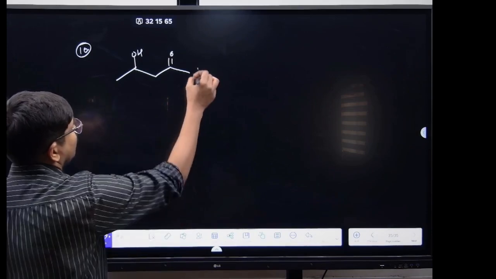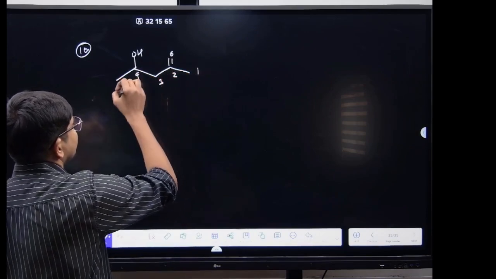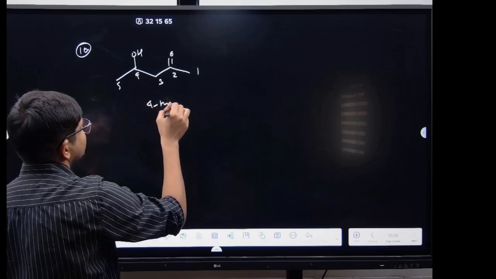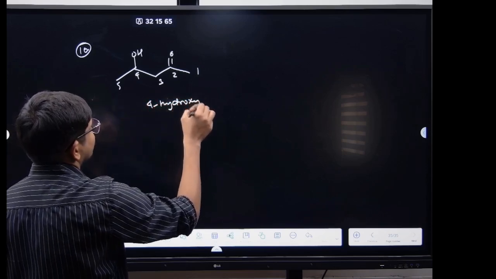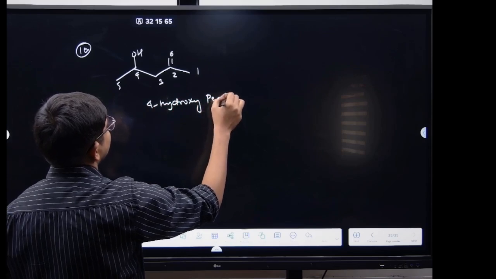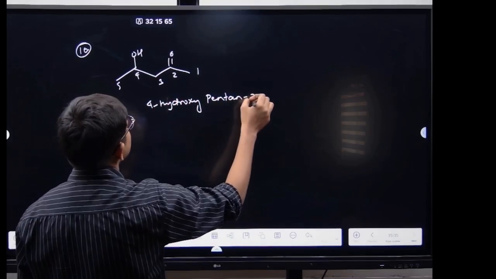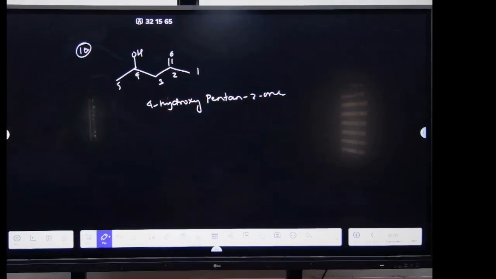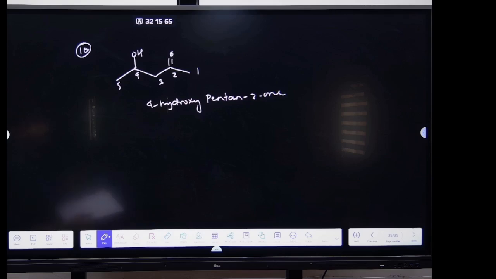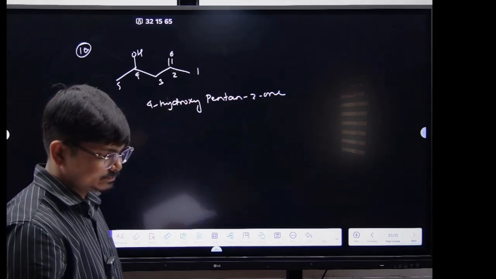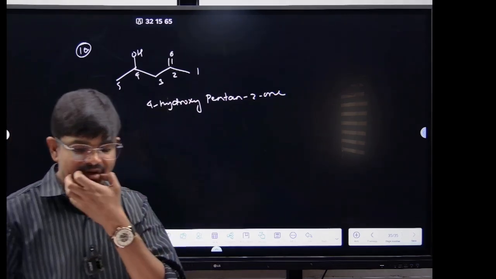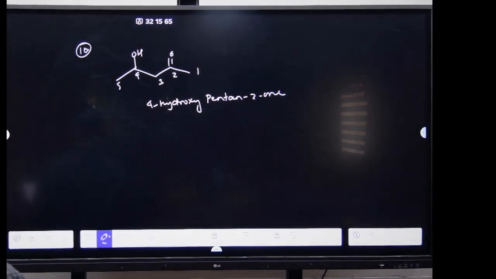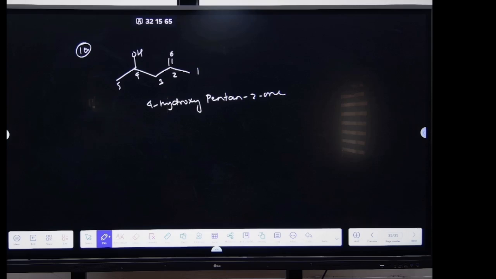So it will be 1, 2, 3, 4 and 5. So it will be 4-hydroxy pentane-2-one, right? Got it? Which option? First one, 2-pentanone or pentan-2-one. Acetone and propanol, which kind of isomers? Acetone and propanol are functional group isomers. Clear?